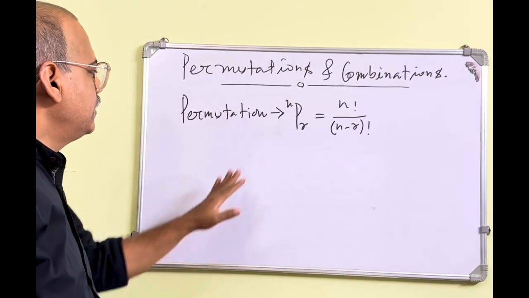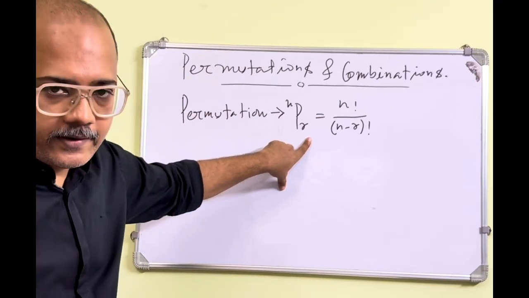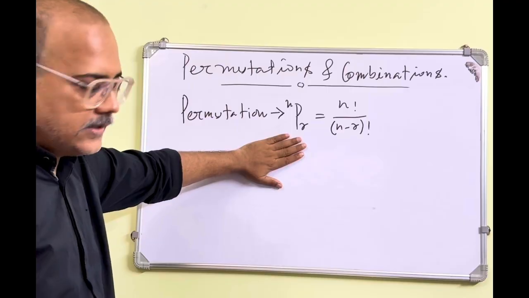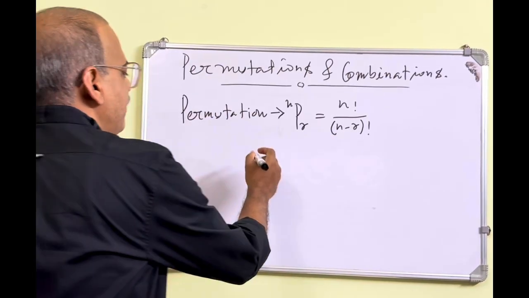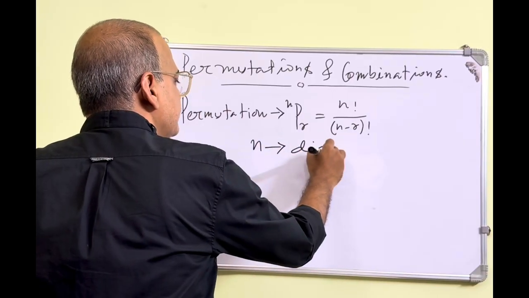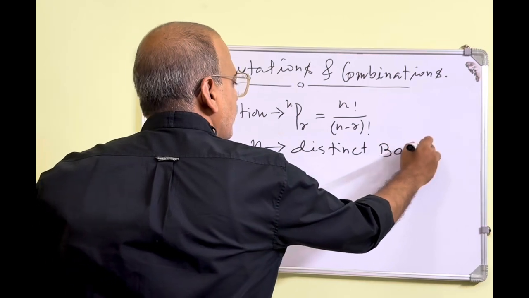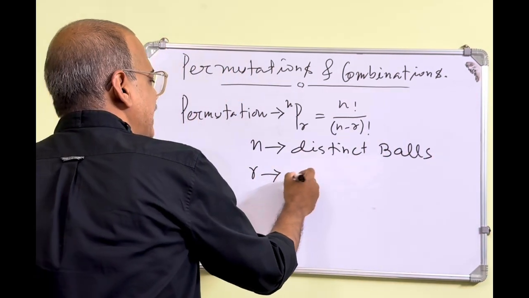Let's derive this formula a different way. This could be another approach. Let's say I have n distinct balls and I have r distinct places.